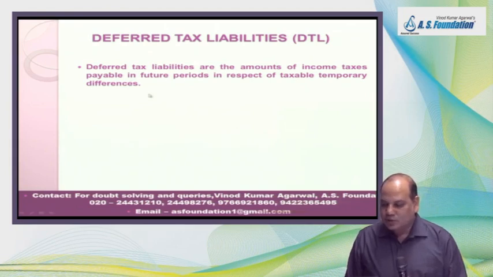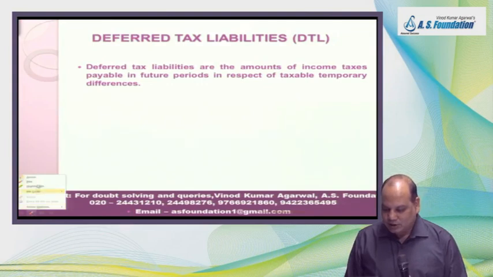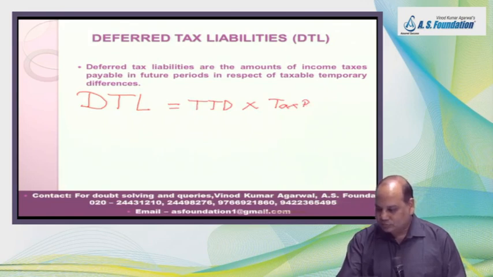That is how much amount of additional tax liability you will pay in future because of this difference. That is called deferred tax liability, DTL. So in this chapter I will use this short form DTL.